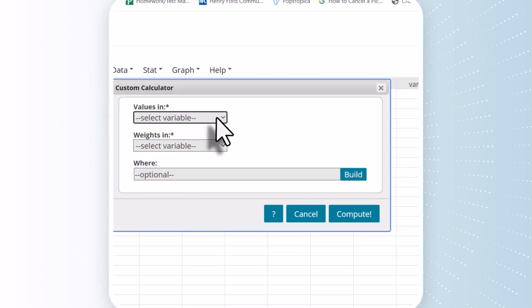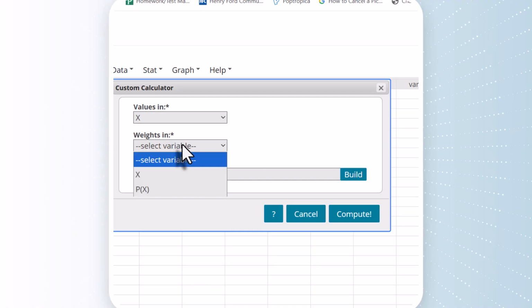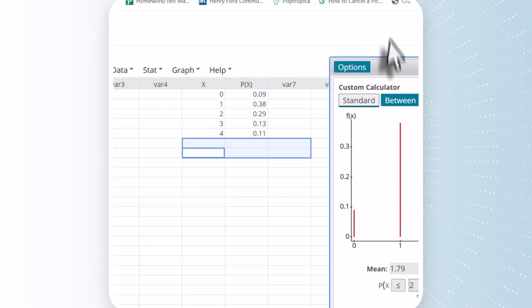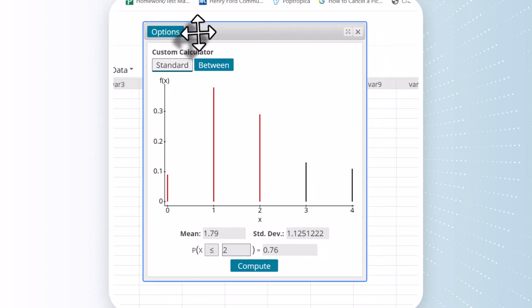Values in x: you choose the variable x, and the weights, which means the probabilities, will be in P of x. P of x, compute. Let me just bring this closer. And look, guys, the mean is 1.75, and the standard deviation is 1.125.